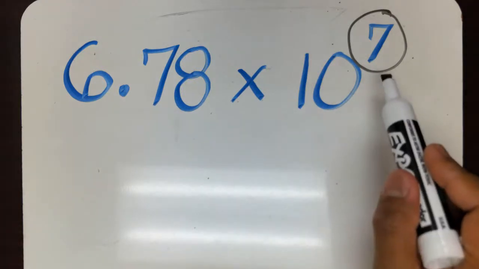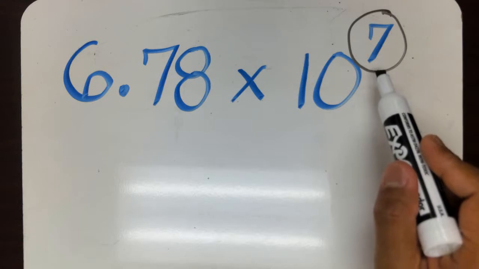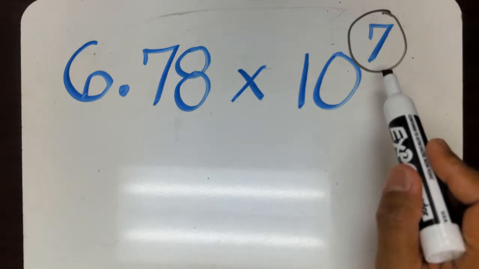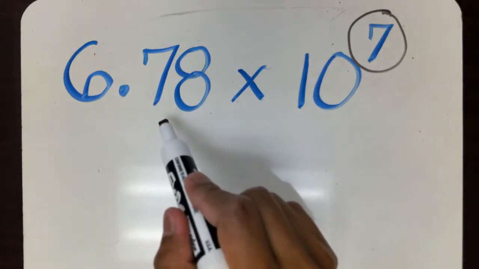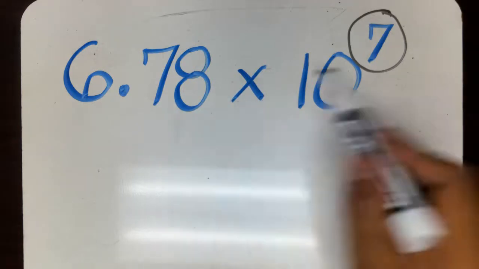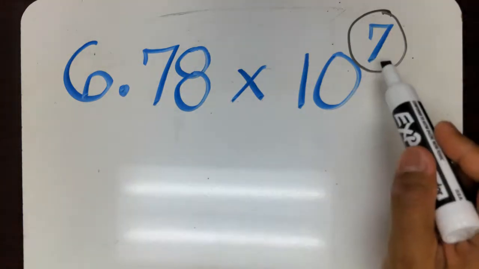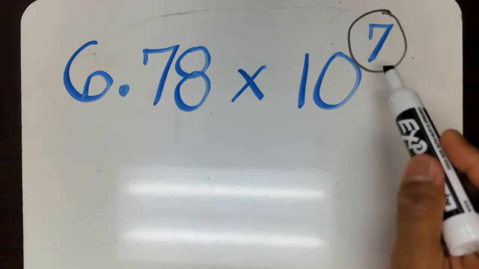First, look at the sign. The sign here is positive. There's no sign, so it's understood to be positive. So positive 7 means that your value in the mantissa has to increase, by moving your decimal point 7 times to the direction where it will get bigger.